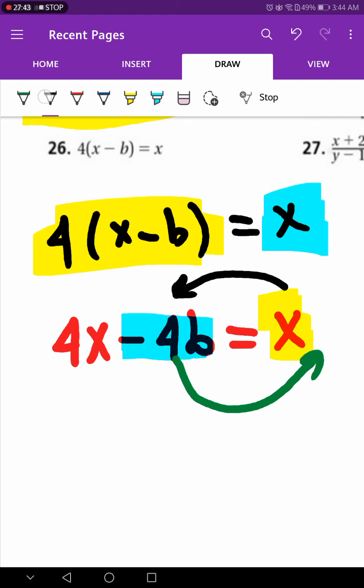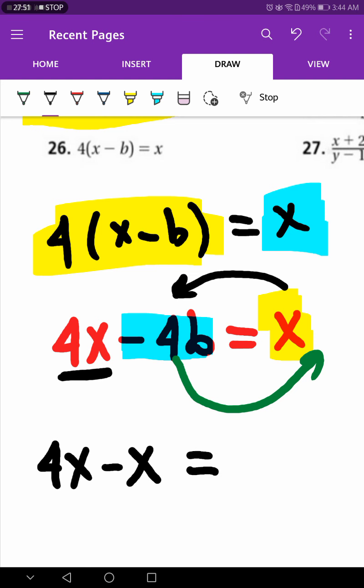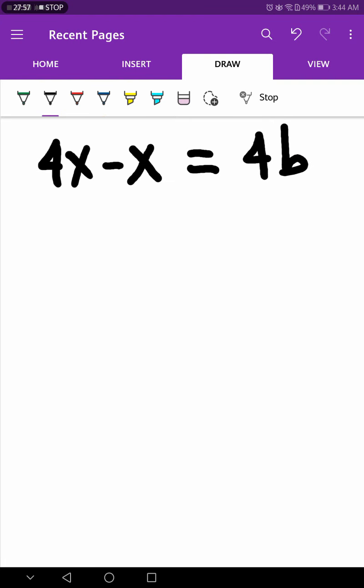So it will be 4x minus x equals 4b. Now 4x minus x, I can combine them. Yes, it equals 3x equals 4b.